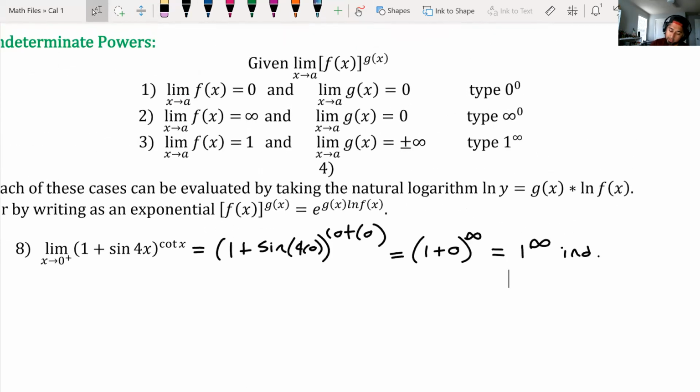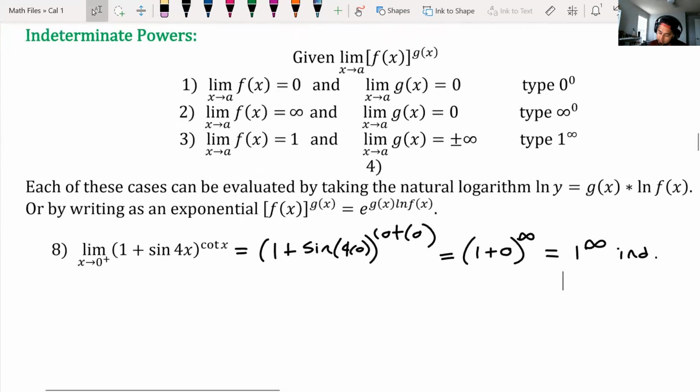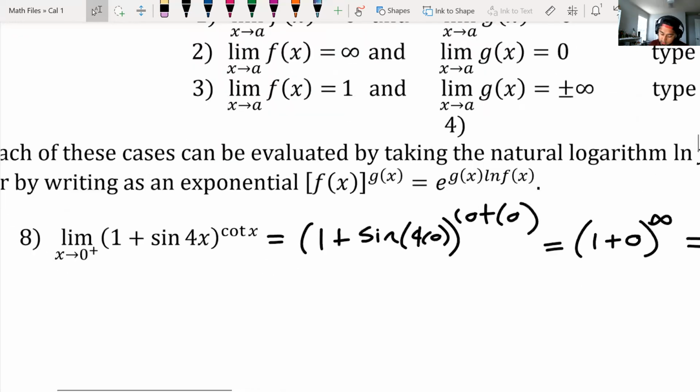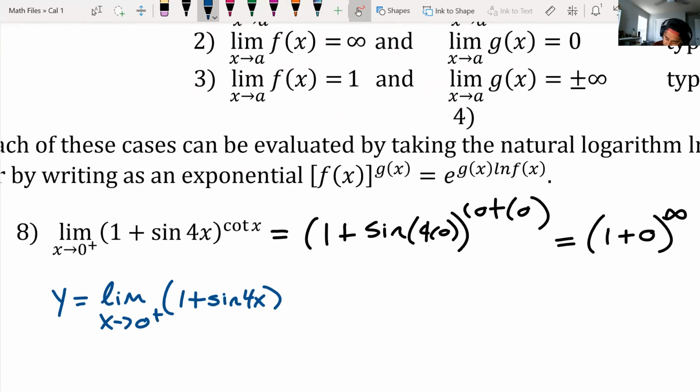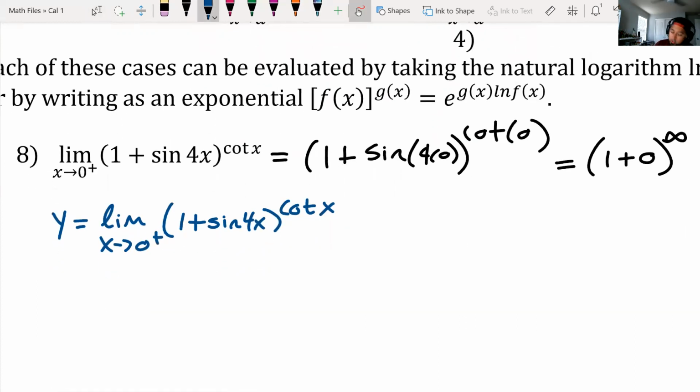All right, so again, the way to handle this, let me zoom in, is we're going to say y equals the limit as x approaches 0 from the right of 1 plus the sine of 4x to the cotangent x. And then we are going to apply natural logs to both sides.